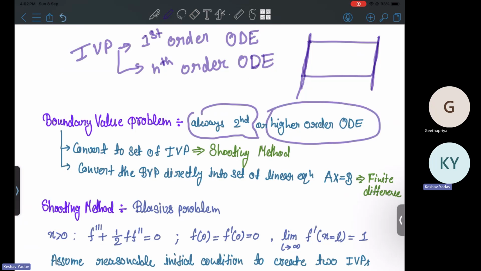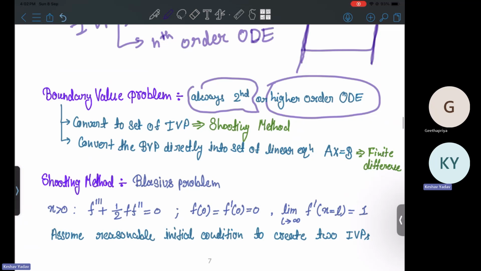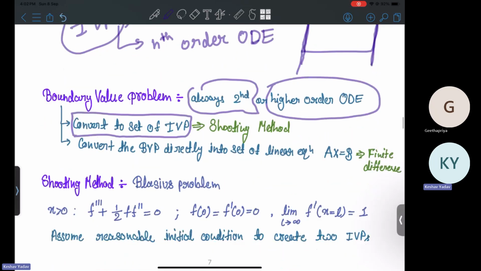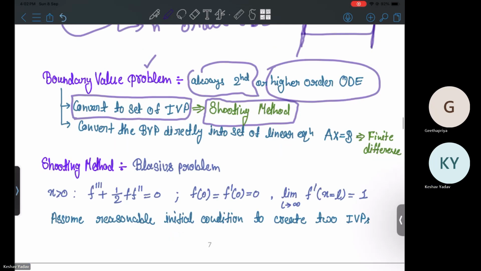So how can we solve this problem? A boundary value problem can be solved by converting it into a set of initial value problems. We have already seen how to solve an initial value problem. If we convert this boundary value problem into an initial value problem, then it can be solved easily. This method of solving is known as the shooting method.